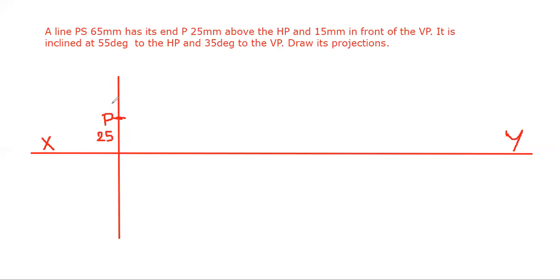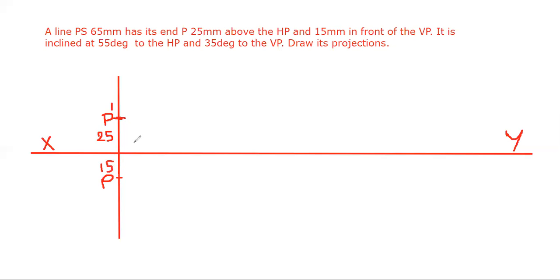As it is in the front view, it will be P dash, and 15 millimeter in front of VP. 15 millimeter in front of VP means below XY, the distance of it should be 15 millimeter. The point is point P. Is it clear? The first step.